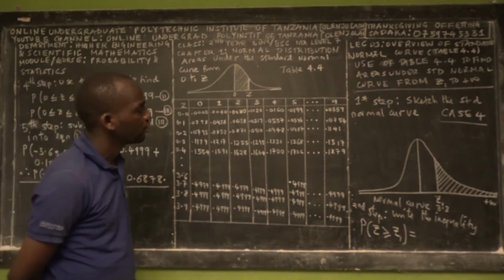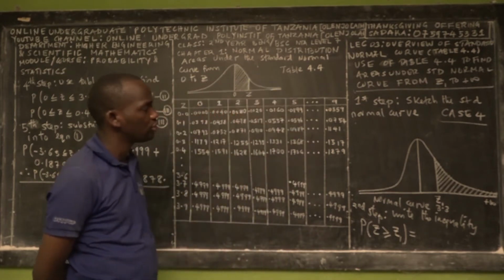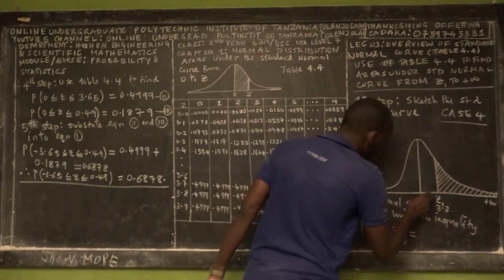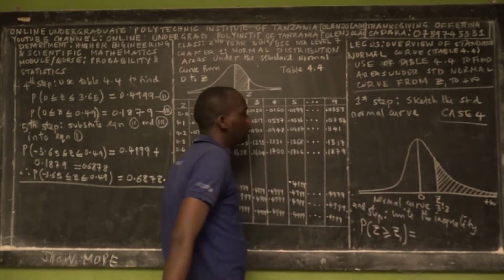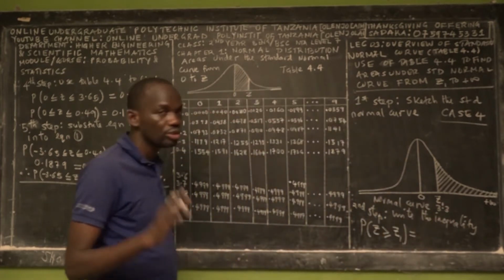How can you use that table? Well, for the inequality here, remember the concept of symmetry. All normal distributions are symmetric about the mean. So this is the mean, so this is 0. This is the line of symmetry. Remember also the total area under the normal curve is equal to 1.